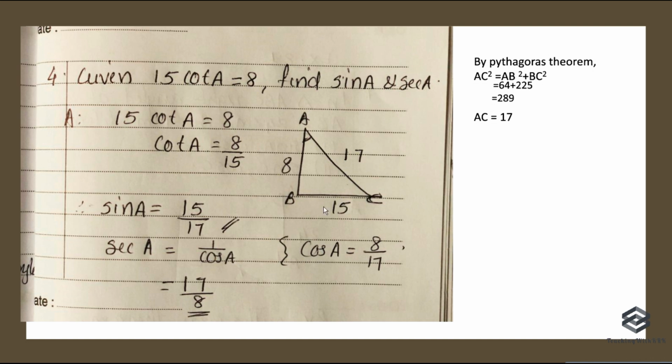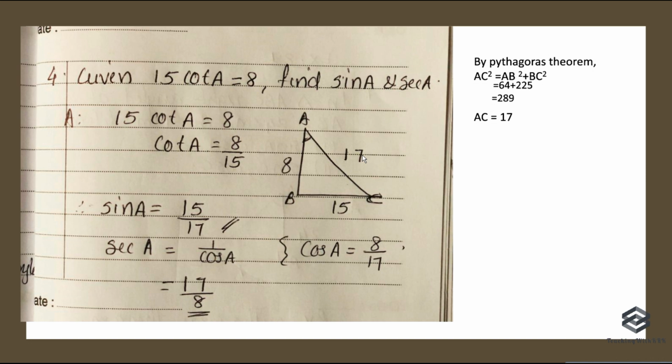Sin A is opposite side by hypotenuse. Opposite side is BC. BC by AC is hypotenuse. Therefore sin A equal to 15 by 17. And sec A is 1 by cos A or hypotenuse by adjacent side. Here hypotenuse is AC, adjacent AB. Therefore AC by AB equal to 17 by 8.